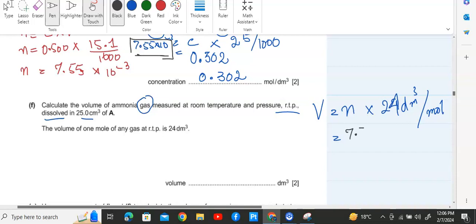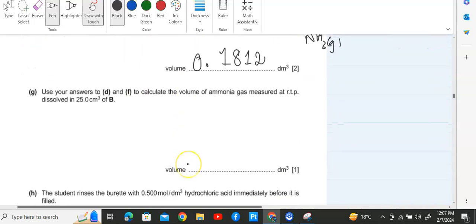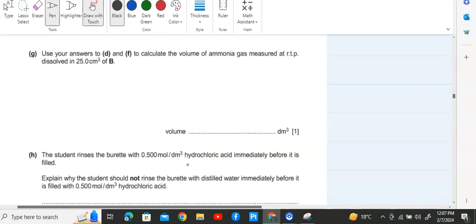So just put them here: 7.55 into 10 raised to power minus 3 into 24 dm cube per mole, and you get the volume of ammonia gas, which is 0.1812.